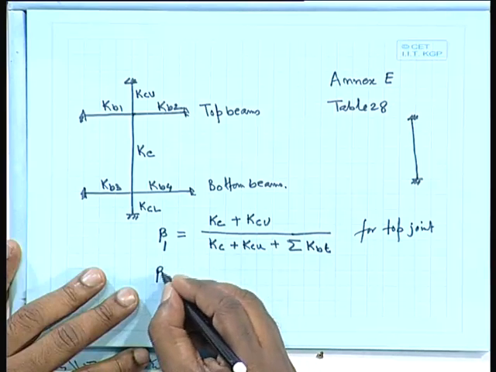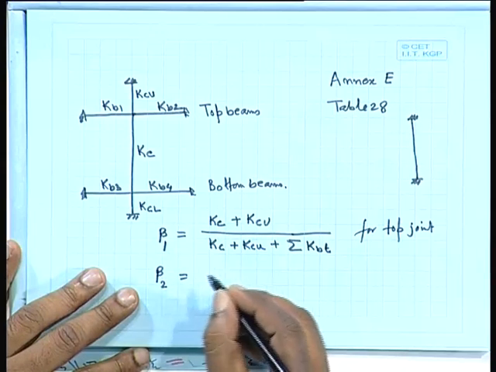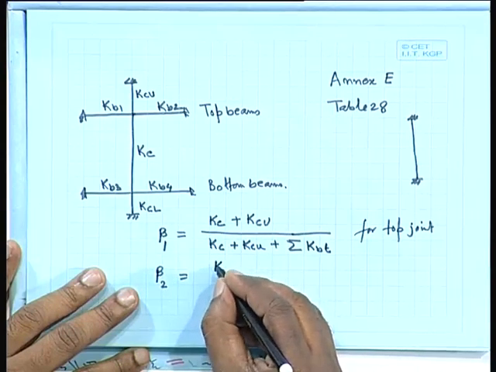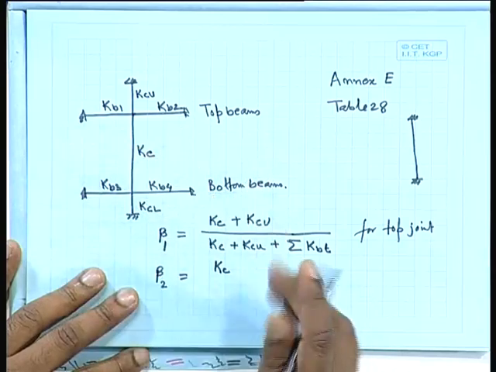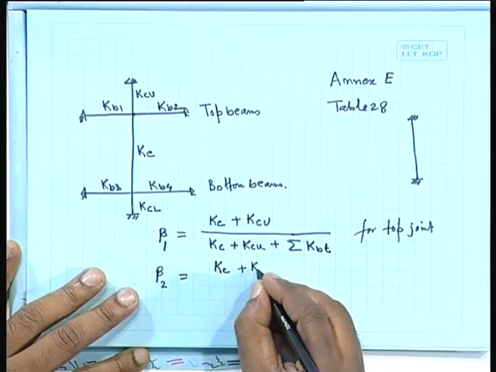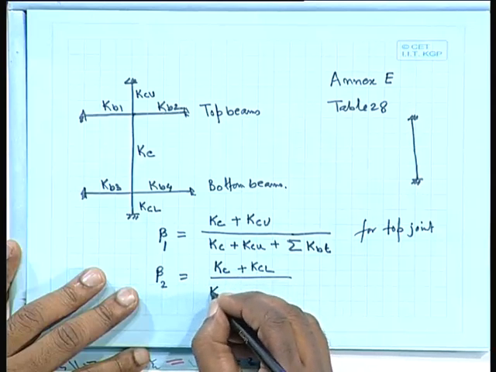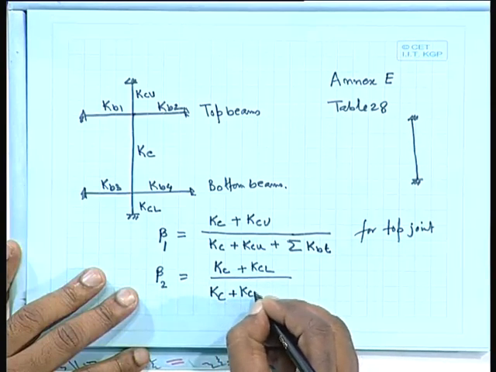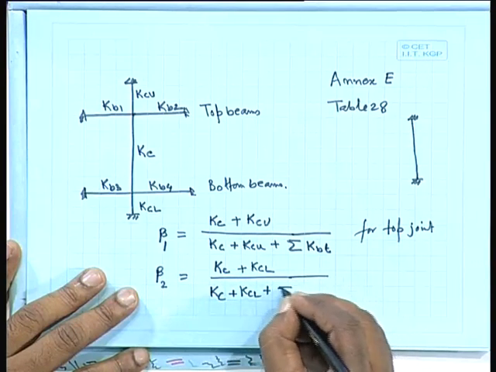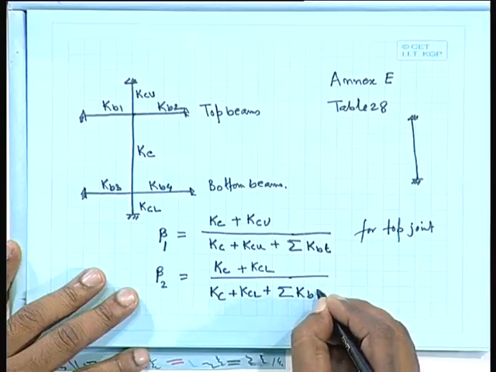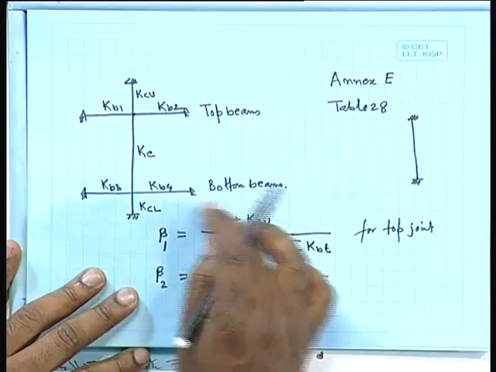Similarly, we shall get beta 2, and that beta 2 will be equal to Kc, the column which you are considering, plus Kcl divided by Kc plus Kcl plus the summation of Kbl, that means for the bottom or the lower one.